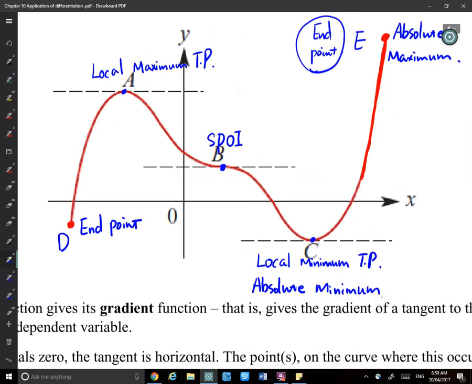At A, B, C, you can see 3 horizontal lines, which are actually 3 tangent lines. So those 3 tangent lines should have a gradient of 0. Therefore they are all called stationary points. A and B are called a turning point and a point of inflection, but they are all stationary points, and they all have gradient equal to 0, so f dash x equals 0.